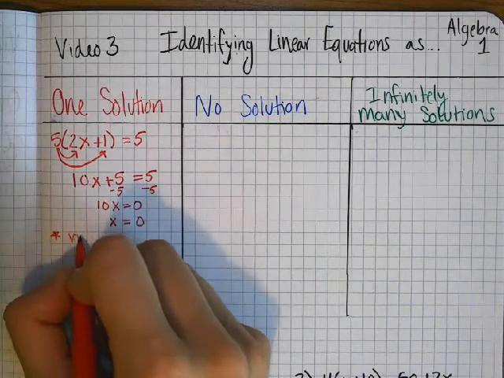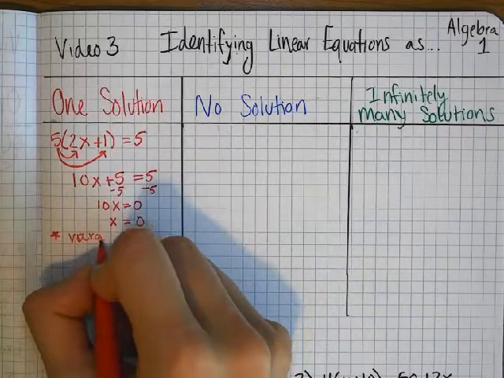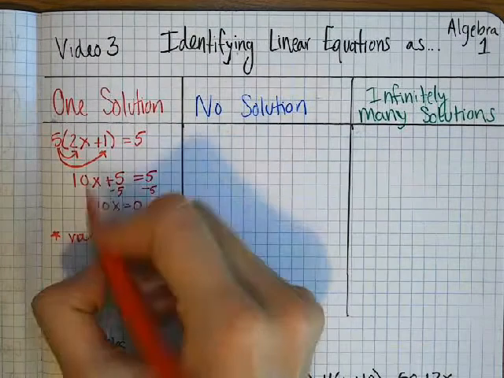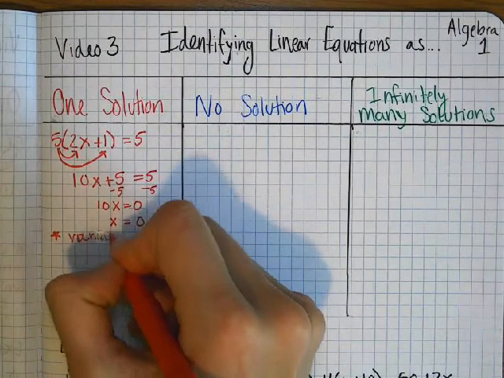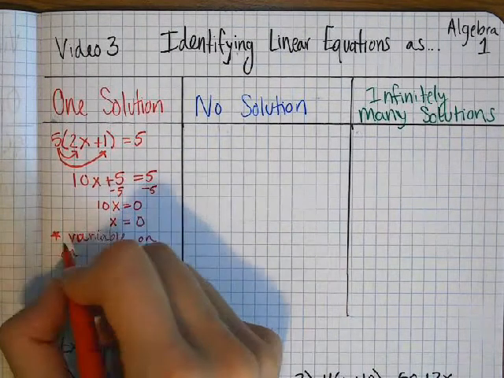Okay, and so what I'm looking for in something that is one solution is a variable on one side and a constant on the other.